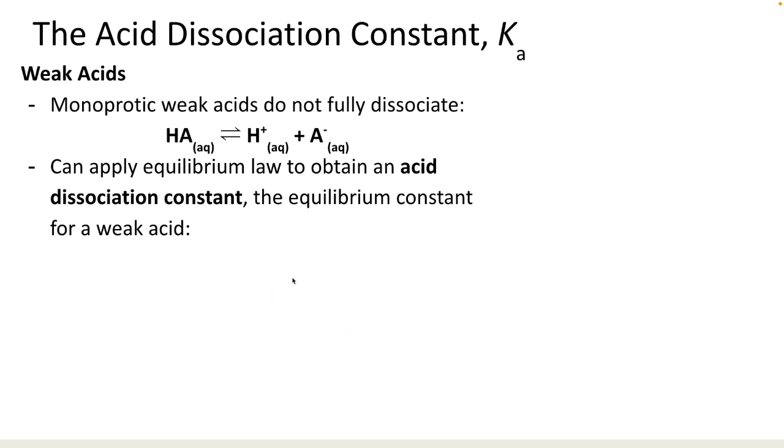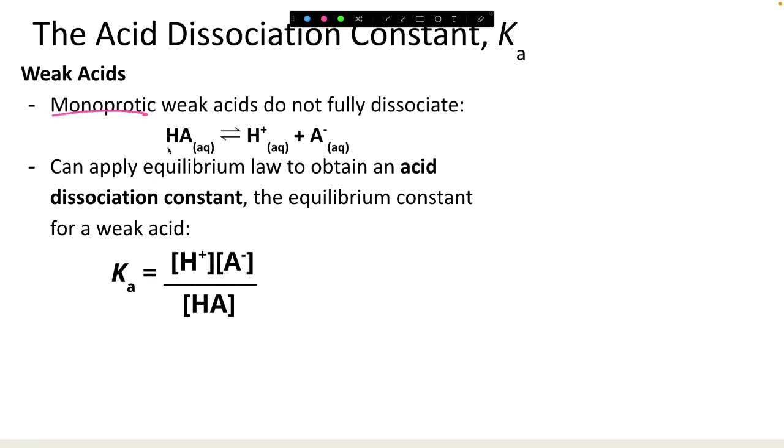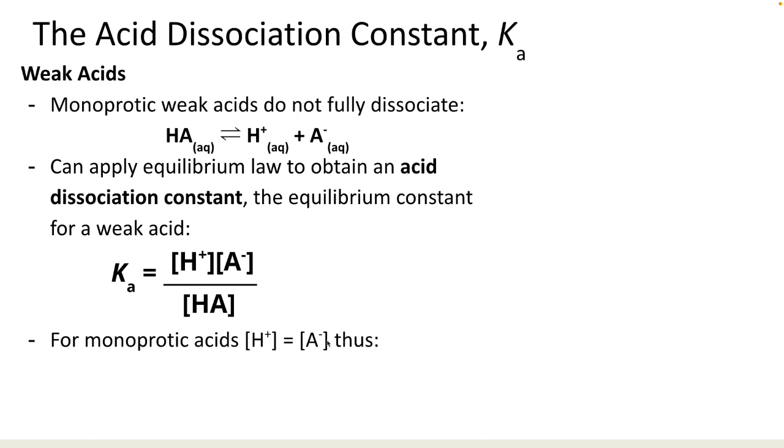It looks like that. Now again, let's just focus on monoprotic acids, meaning they just have one hydrogen ion to donate. Again, we can assume that the concentration of H plus is equal to the concentration of A minus, all shown in that stoichiometry there: 1 mole of that will go to 1 mole of that and 1 mole of that.